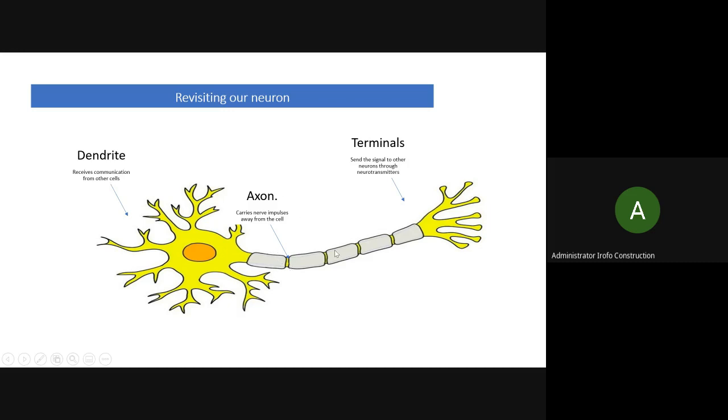And the axon contains synapses. And these synapses, that's what they use to transfer the information to the terminals. And the terminal is the part where one signal is passed to another signal.